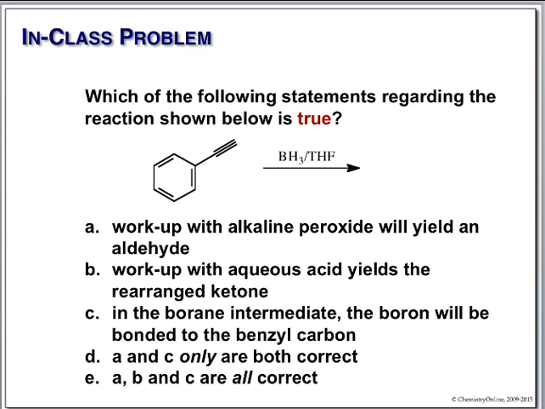So, none of those work. This is the one, in the boron intermediate, the boron onto the benzyl carbon. Nope. Remember, it goes anti-Markovnikov. So alkaline peroxide gives us the aldehyde.